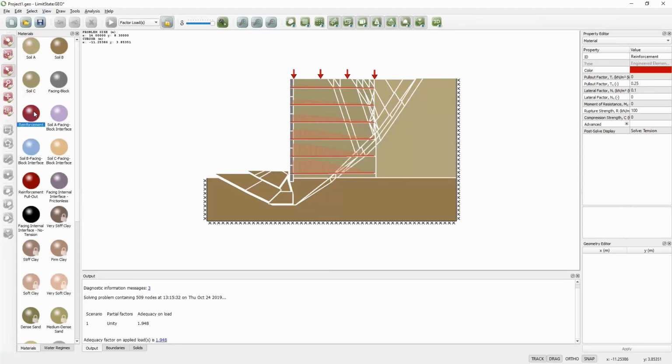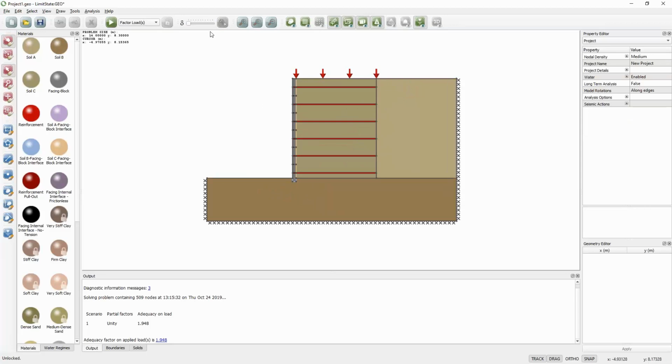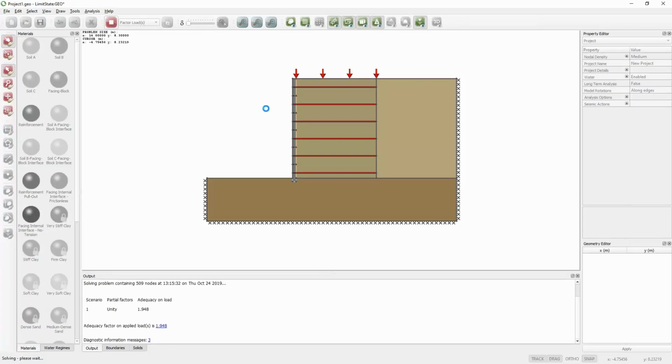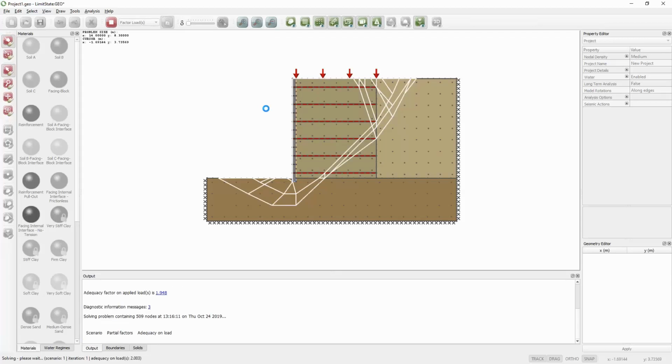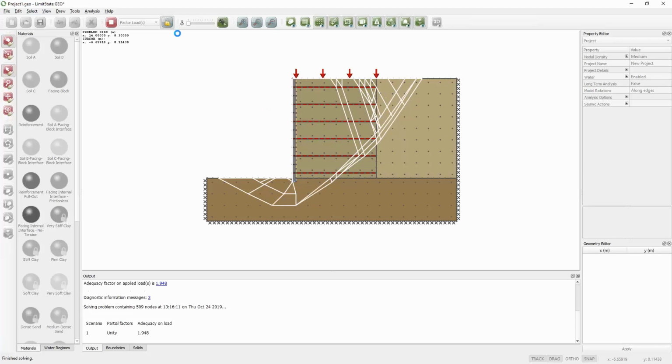Now if I look at the resistance, this reinforcement has been modeled with 0 moment of resistance here, so I get 0 moment, which basically means that it's effectively allowed to bend as we get deformation. And actually, if I click on the animate button, we may see that.